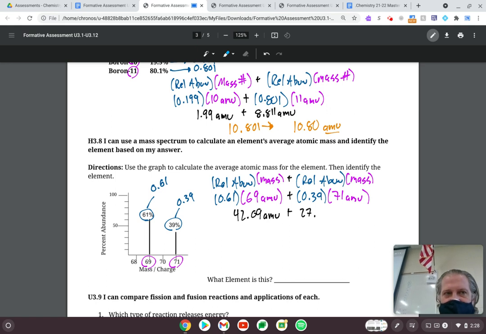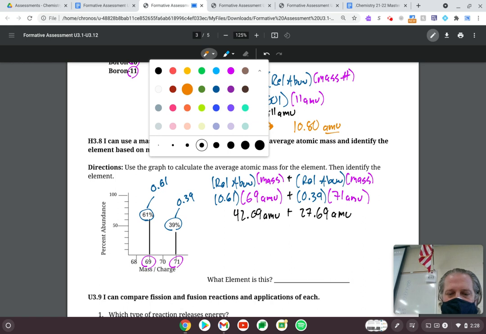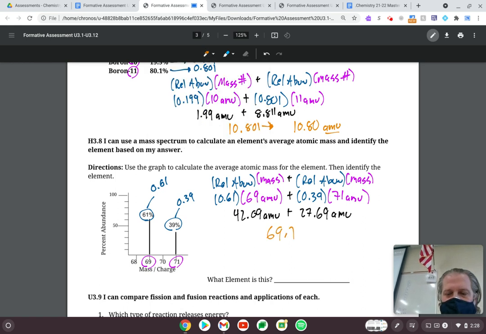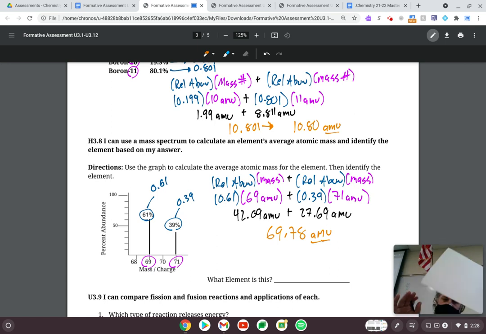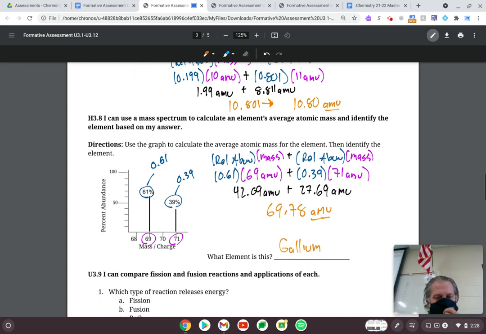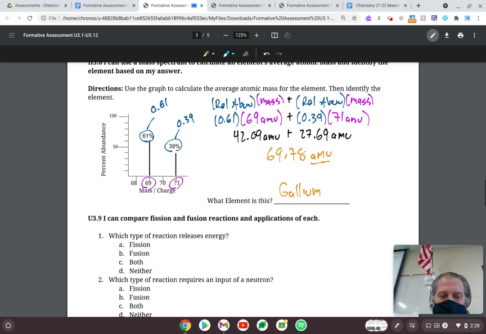So that's 27.69 AMU. So that plus the 42.09 gives me 69.78 AMU. Remember, AMU. And then I'm going to use the handy-dandy periodic table, the wonderful Jezebel, to go ahead and find which element this is. And the element that has a mass of 69.7 something is gallium, which melts in your hand and also in your mouth. But we don't want to eat it.